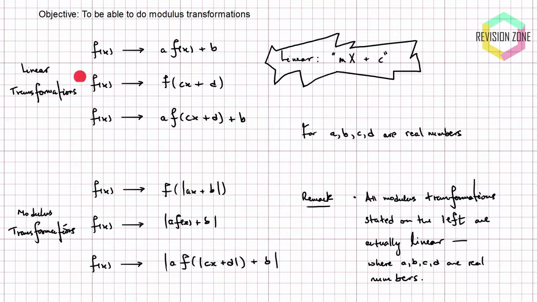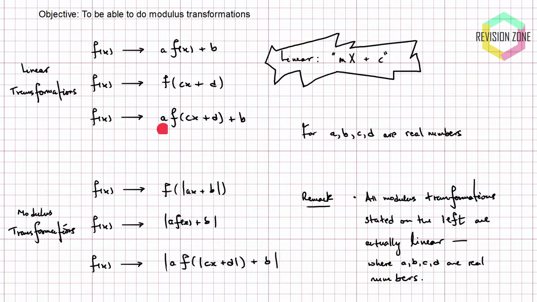But all these things are called linear transformations. You can see why they're called linear, because the process that's happening to this function to get this overall function is linear, and the same thing can be said here. The difference is that here you've got the linear part acting on the overall function, whereas here you've got the linear part acting on the inside of the function.